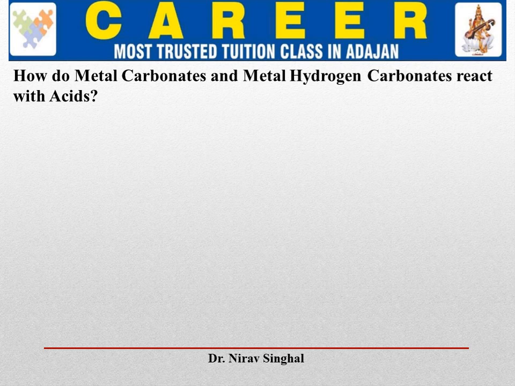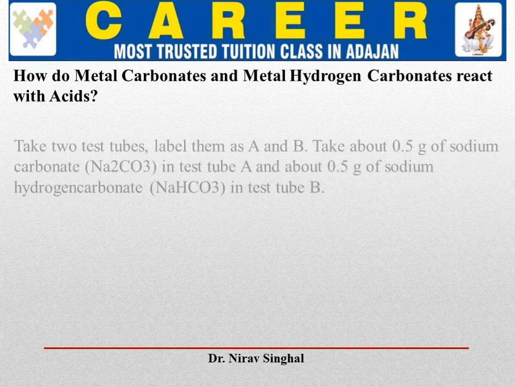How do metal carbonates and metal hydrogen carbonates react with acids? As we know, carbonates and hydrogen carbonates act as bases. So it is mainly about how metal carbonates and metal hydrogen carbonates react with acids.